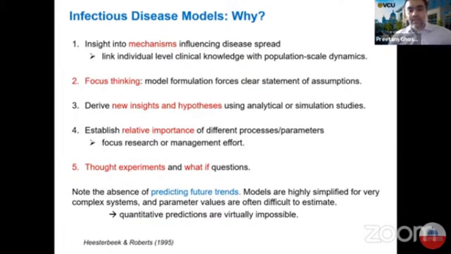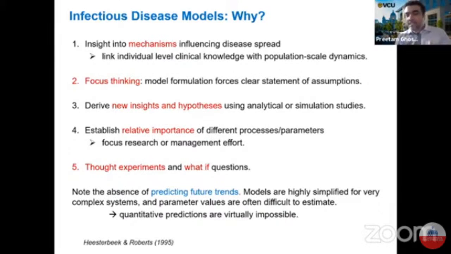Now, this was a slide taken from Hesterbeek and Roberts back in '95. You'll see the absence of predicting future trends. So these models are highly sensitive, okay? And it's very easy to go wrong with your modeling predictions. In a scenario like this, parameter values that you sense out of fitting with the actual data sets have high levels of uncertainty involved.